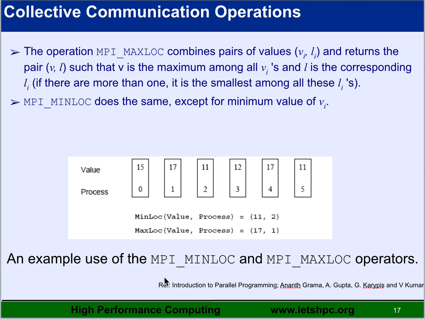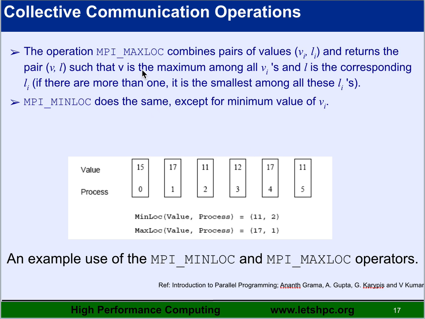There are other interesting collective operations which are available. For example, let's look into this diagram first. Suppose there are six processes, process 0, 1, 2, 3, 4, 5, and each of these processes has some value. Let's say 15, 17, 11, 12, 17, and 11.